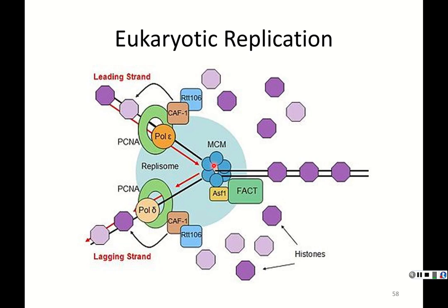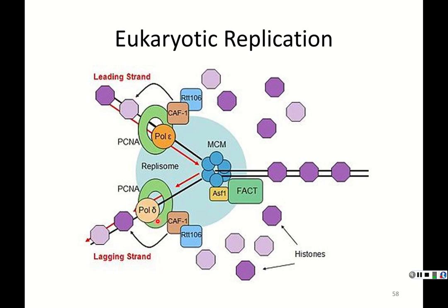I think this is a good figure to actually show this, because it looks a little bit like the figure for prokaryotic replication that we've been looking at. So MCM, again, remember that is the same as helicase. It's what's unwinding this. The leading strand, we have polymerase epsilon.